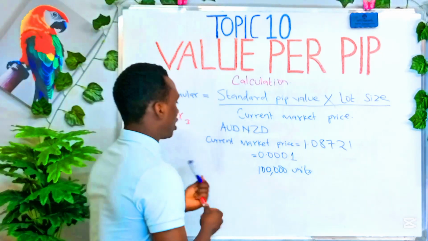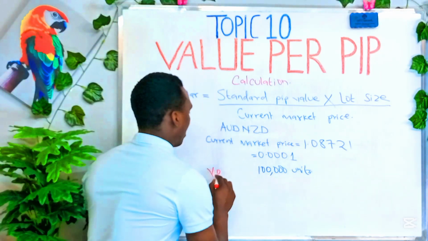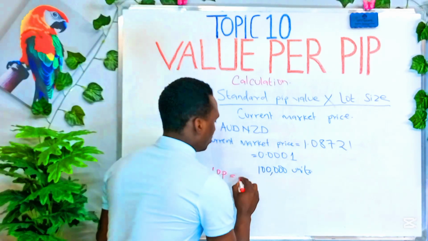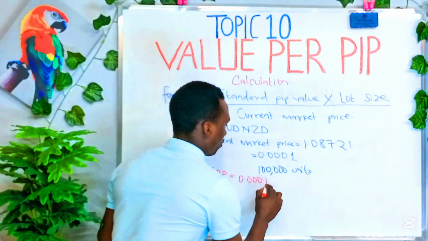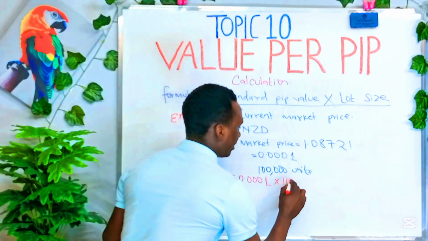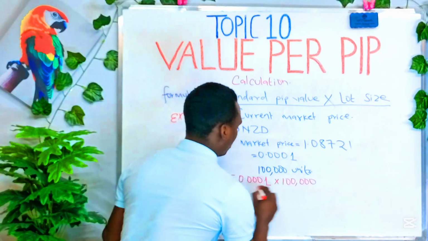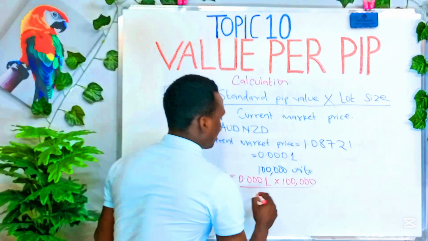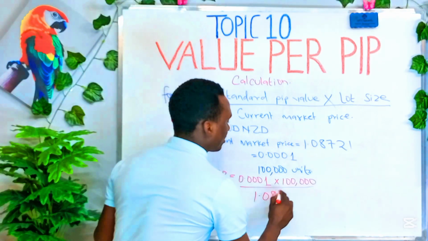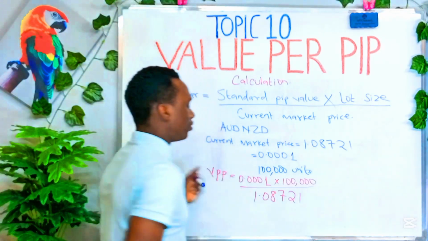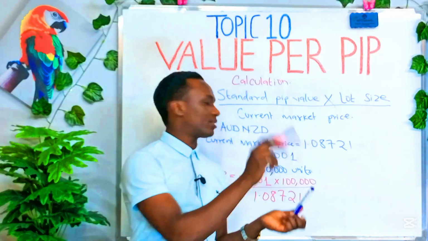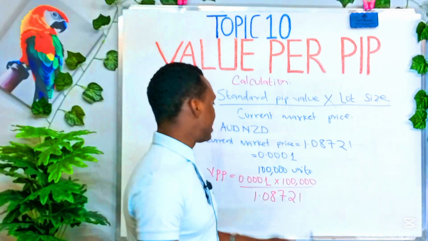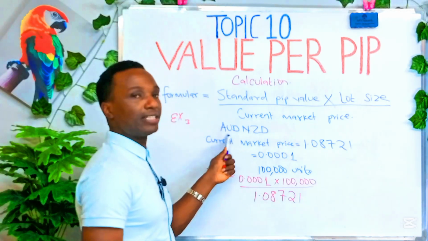So when we now want to calculate our value per pip, it will be 0.0001 multiplied by 100,000 units divided by what? Our current 1.08721. Can someone calculate this and tell me what the answer is? Remember, it will be in AUD. All right?